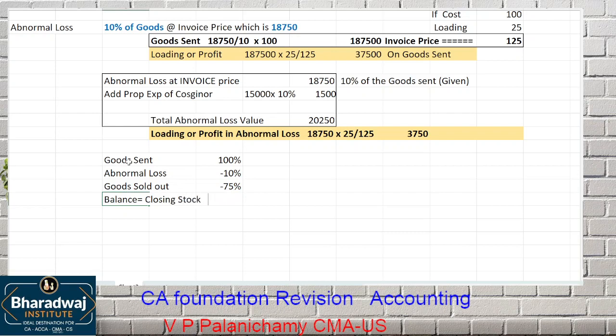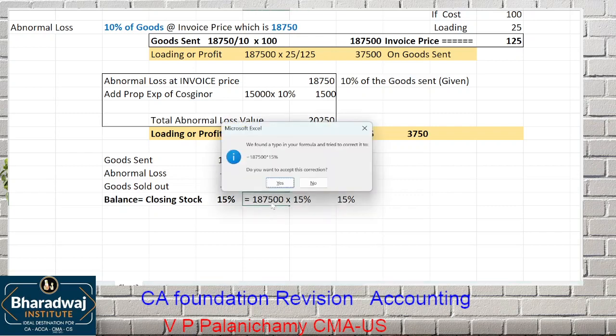What is the closing stock? 15% is closing stock. We know the value of 100% of the goods, we have just worked it out: 1,87,500. But how much is 15%? 1,87,500 into 15%. Here values are not given in units; values are given in which form? Percentages.